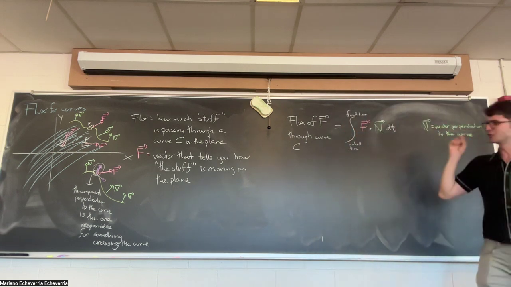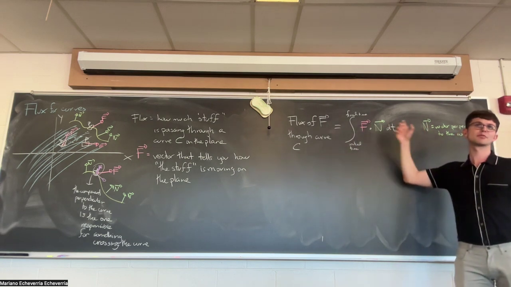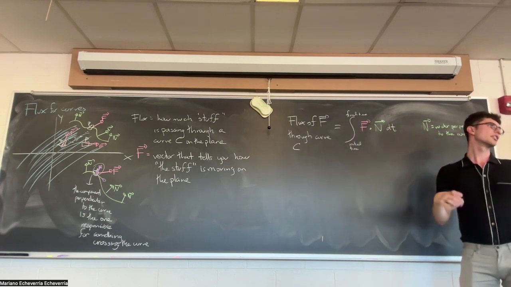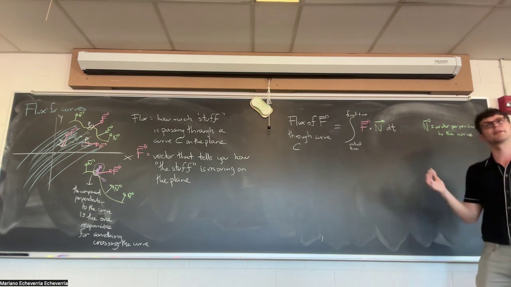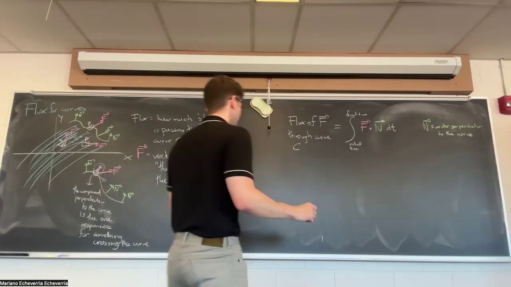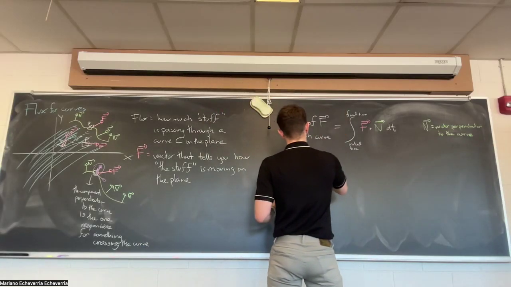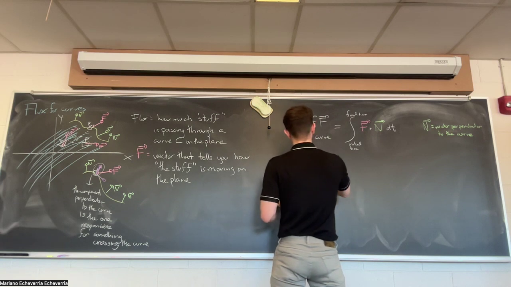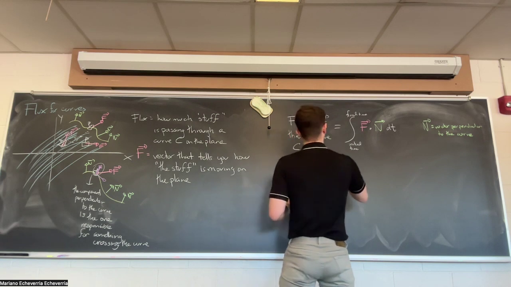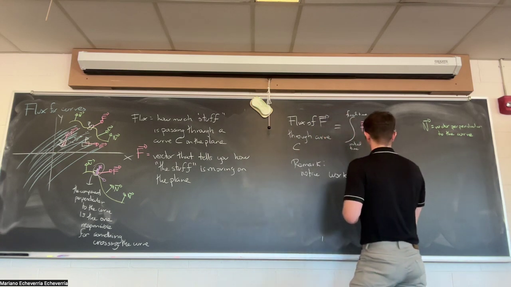The only difference between flux and work in terms of a formula is that work uses the dot product with the velocity vector of the curve, and the flux uses the dot product with the normal vector of the curve. So let me write it as a remark. Notice that work is the dot product between F and the velocity vector of the curve.